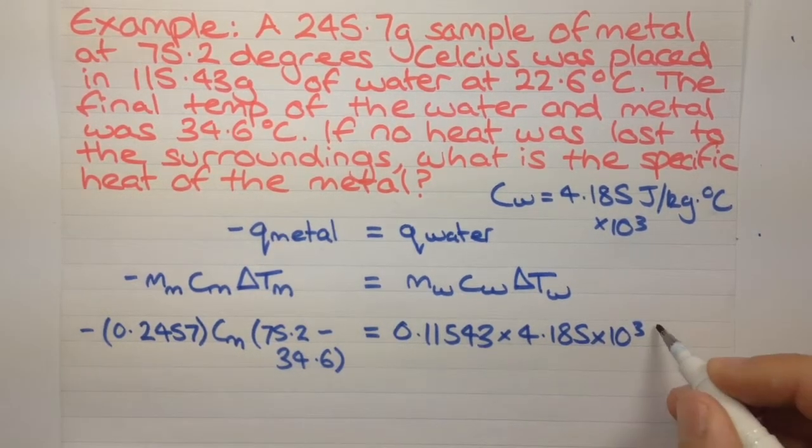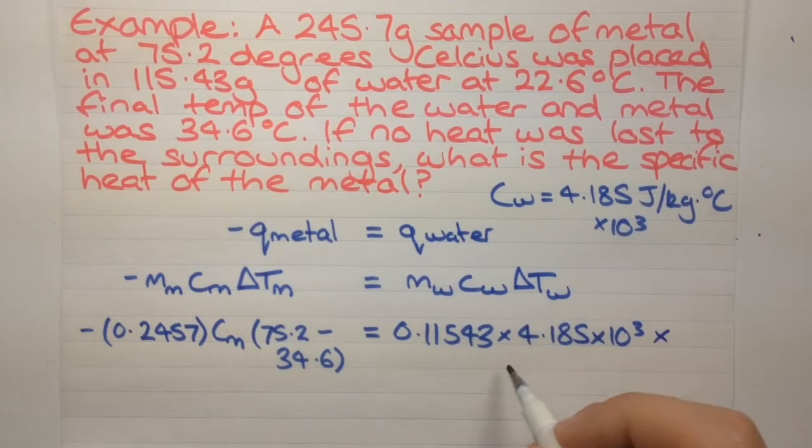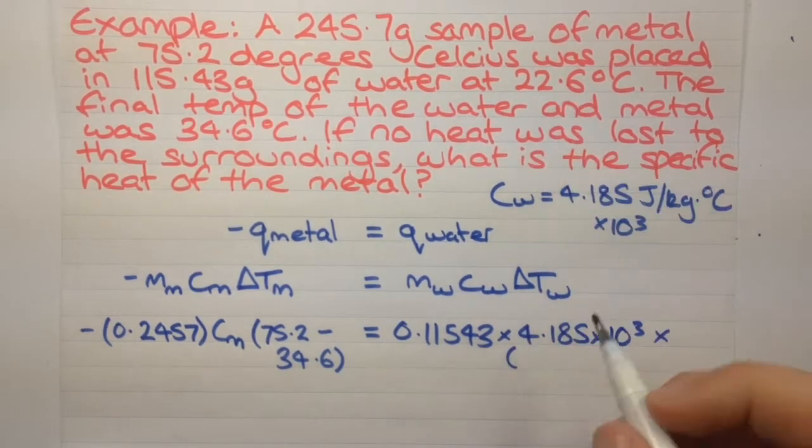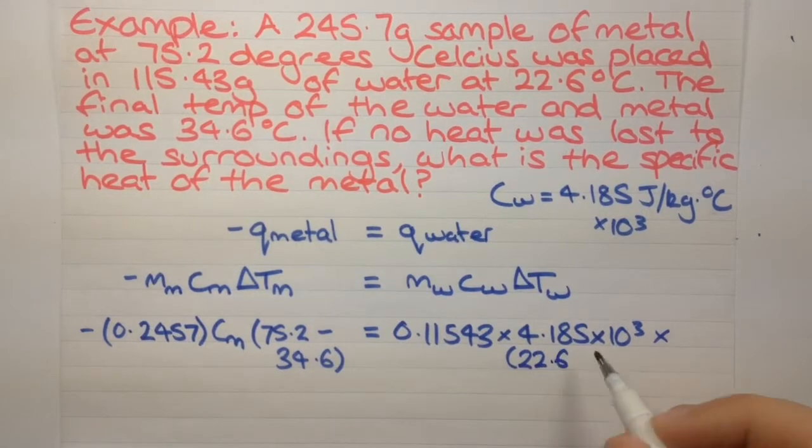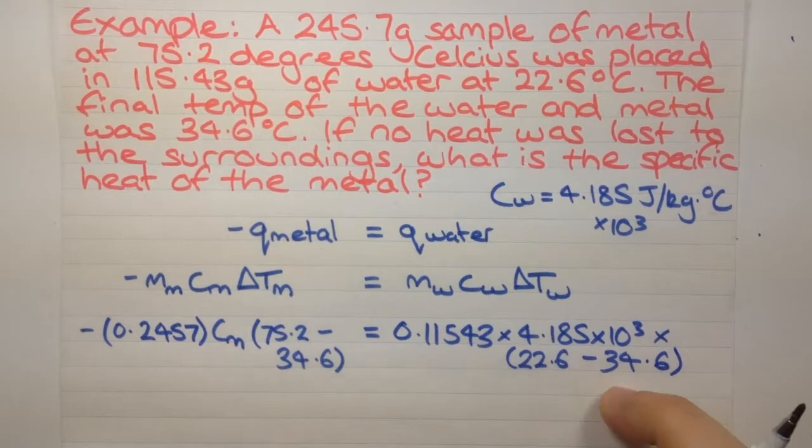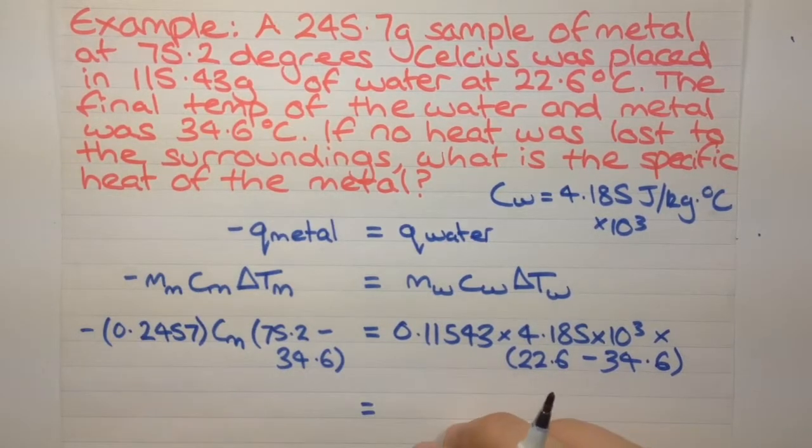And the difference in temperature, well, the water started at 22.6 and finished at 34.6. So you can see you're going to get a negative number on this side, which will cancel out that negative on this side. So I'm going to stop worrying about negatives for this next line.